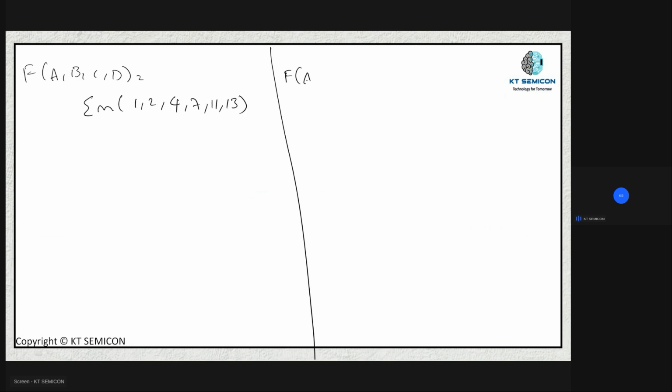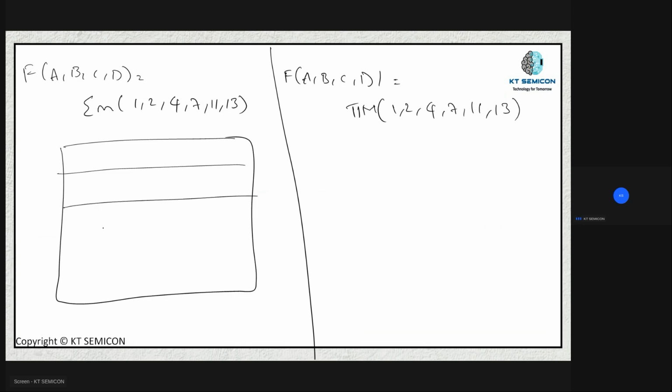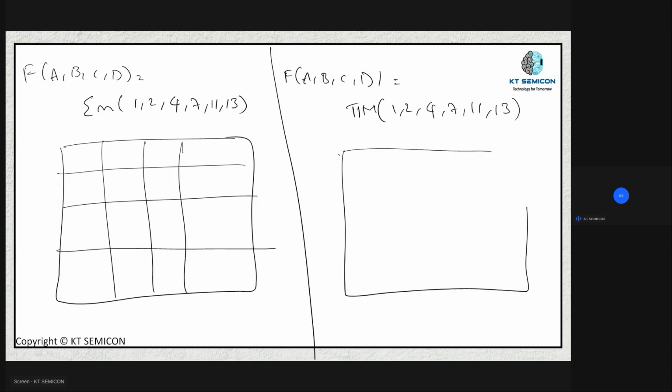Same in the case of my POS form: f of a comma b comma c comma d is equal to pi m of 1, 2, 4, 7, 11, 13. For a four variable KMAP, I'm going to have a total of 16 cells like this, and here also I'm going to have a total of 16 cells.